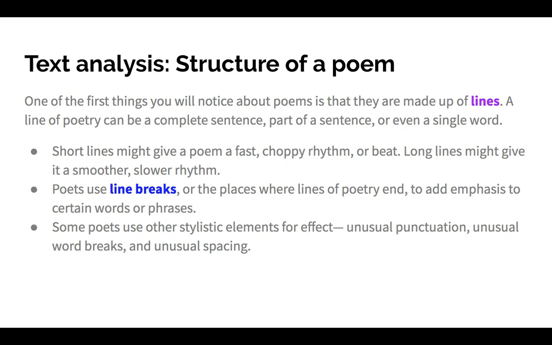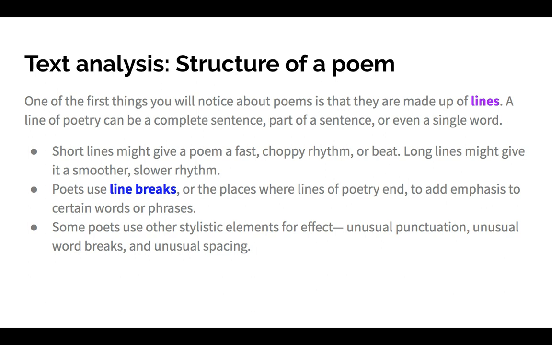But pretty much what you have to take away from that is that the length of the line can depend on how the reader sees or understands what's happening in the poem itself. So poets use line breaks, or places where the lines of poetry end, to add emphasis to certain words or phrases, and you'll see that in this poem.